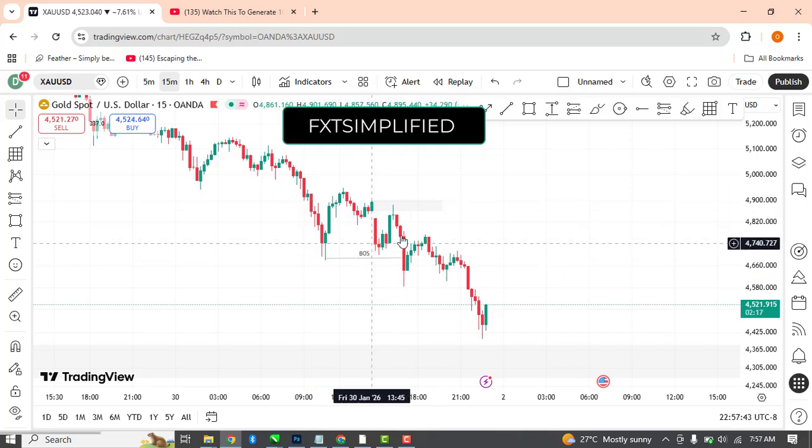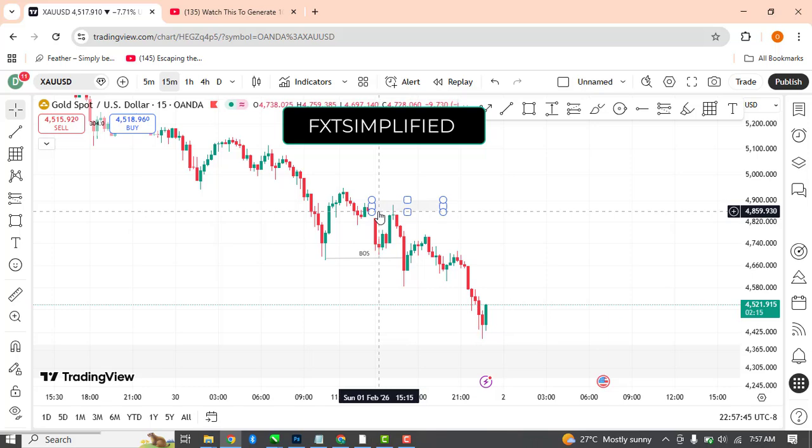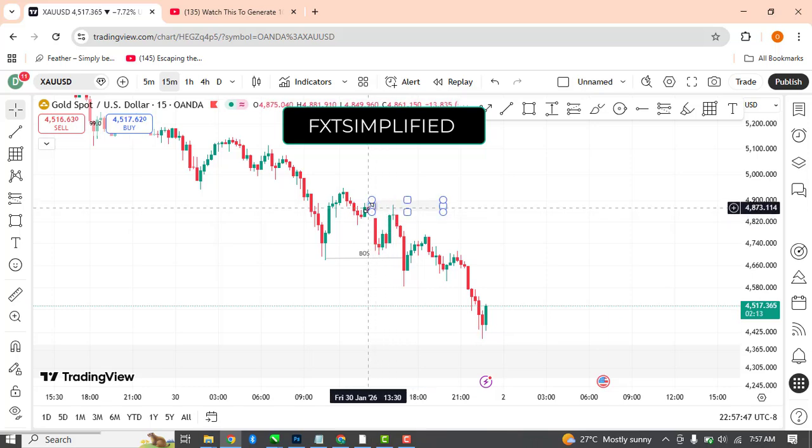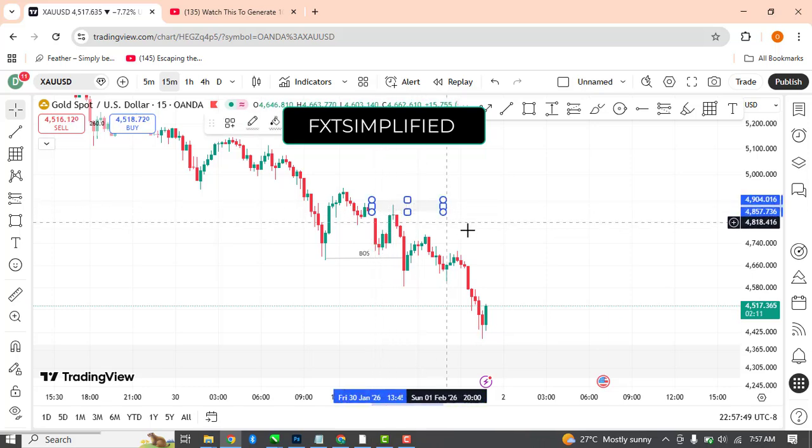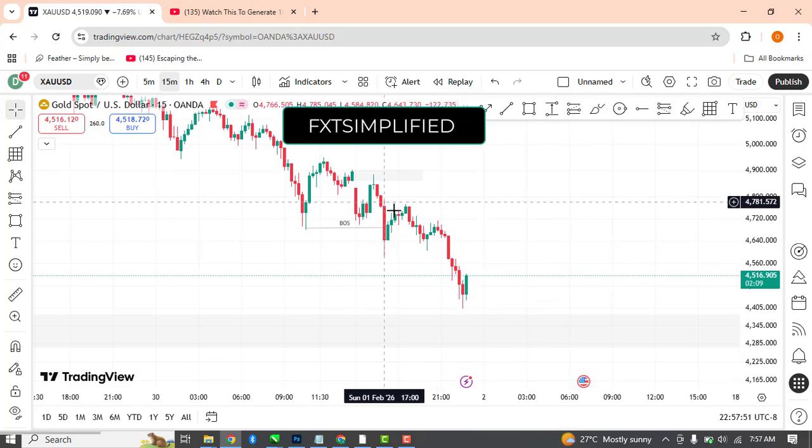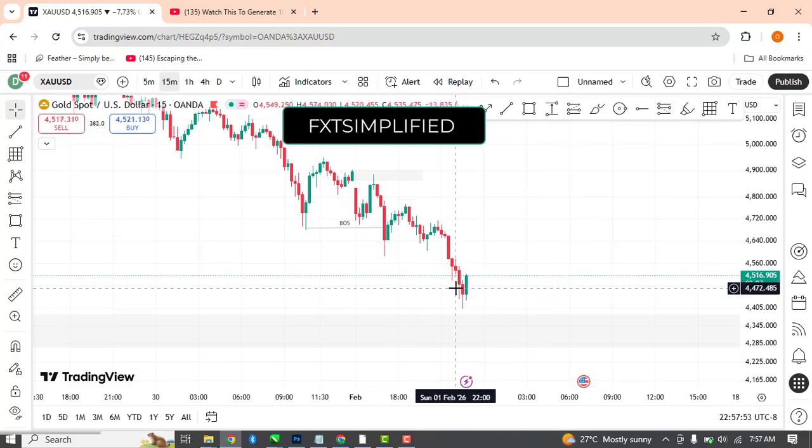So what actually happened here is that price retested this supply zone, right? And that is what caused this massive downside.